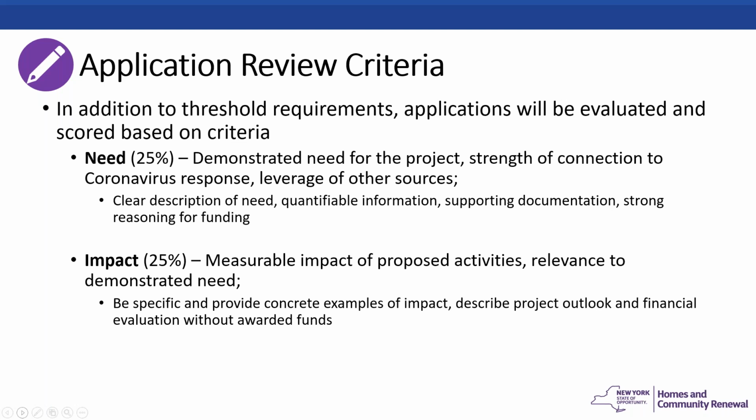Applicants should also provide strong reasoning why CDBG-CV is necessary to complete this project and that efforts to secure other funding have taken place. There's also impact, and the applicants need to describe specific measurable impacts of the project, for example, the number of jobs, housing units, or persons to be assisted, and what the project outlook would mean without CDBG-CV funding.